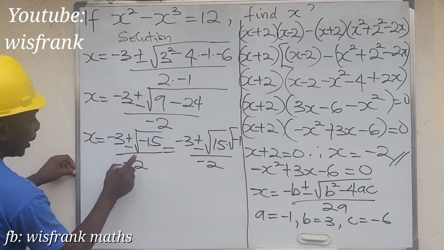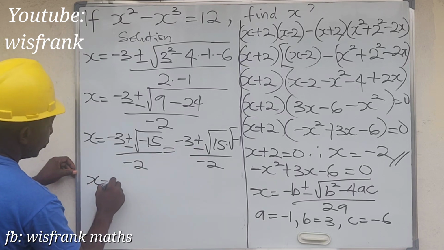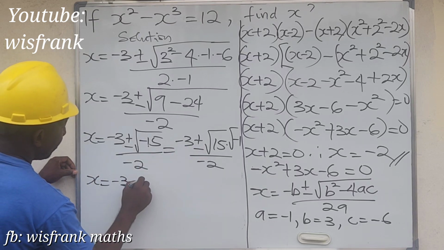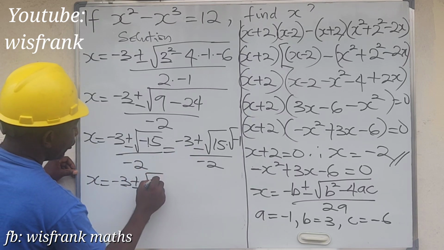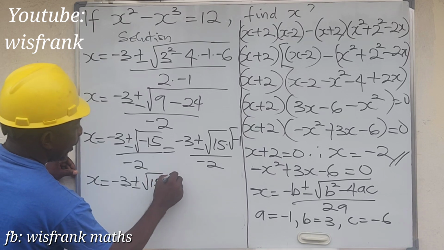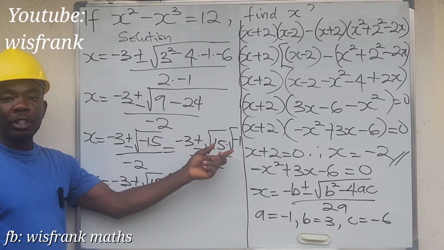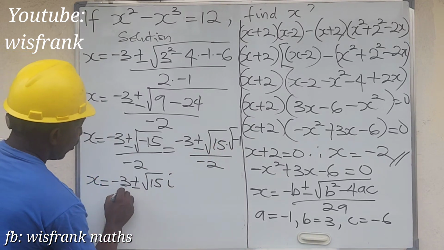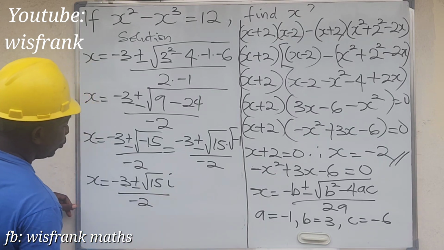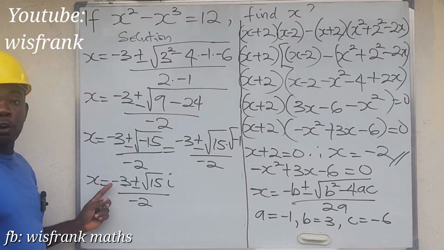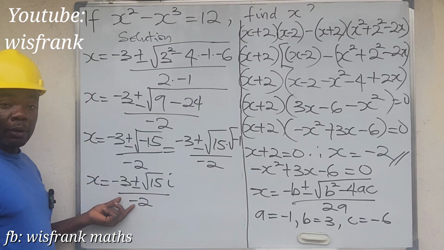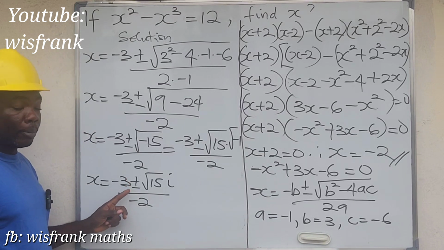So here, in that case, our x equals to minus 3 plus or minus square root of 15i, because square root of minus 1, which is a complex number, is i, then all over minus 2. So in this case, we have two values of x in this evaluation because we have plus or minus.